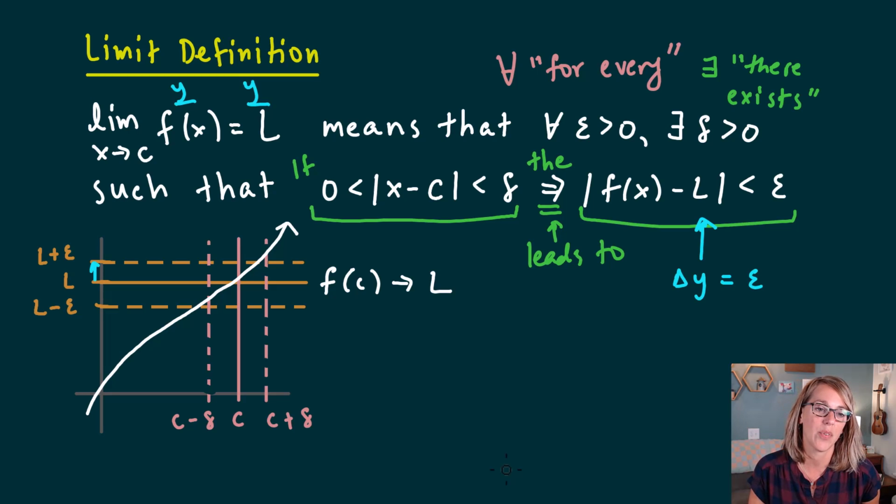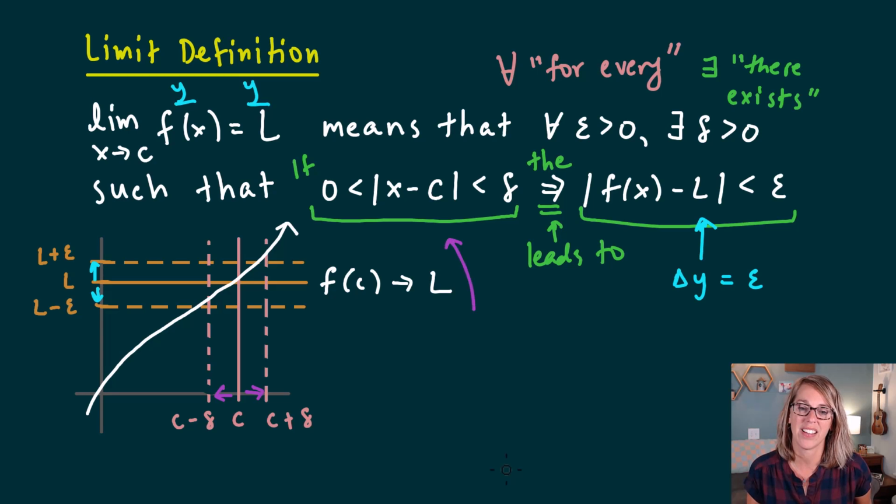So that epsilon is going to be the difference or the distance away from L. And then similarly, if we look at the x direction, I've got delta. So we've got delta here, which is limiting that distance between x and the value that we are approaching, c. So we can think of this as this tolerance or error or change in the x direction.